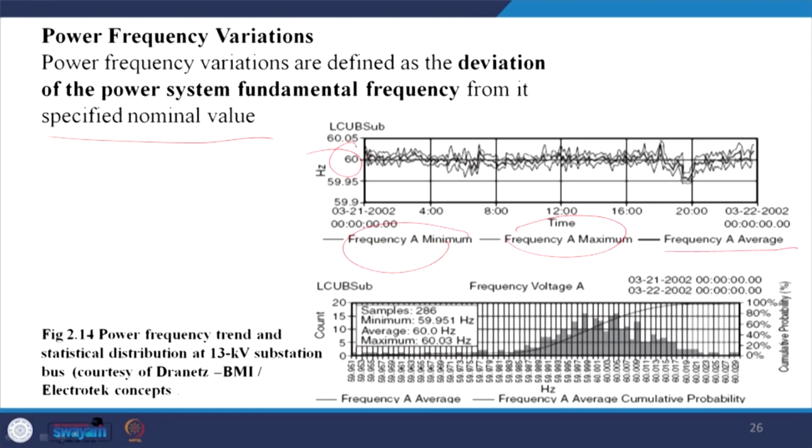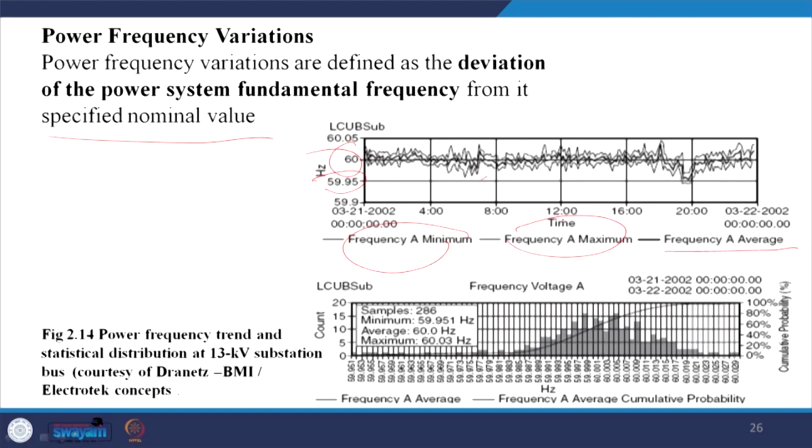You can have a frequency variation from 60.05 down to 59.5. When it is a light load, it can have the value 60.05. Once it is highly loaded, it will come down to here, and this is hour-wise data.